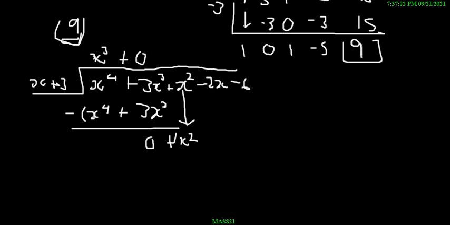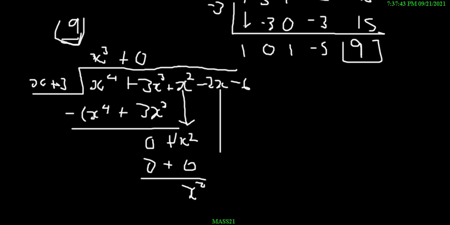So x into 0 is 0, so plus 0. 0 times x is 0. 0 times 3 is 0. Then minus. So x to the power 2 minus 0, that's definitely x to the power 2.